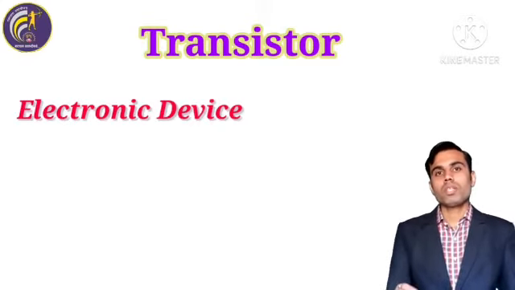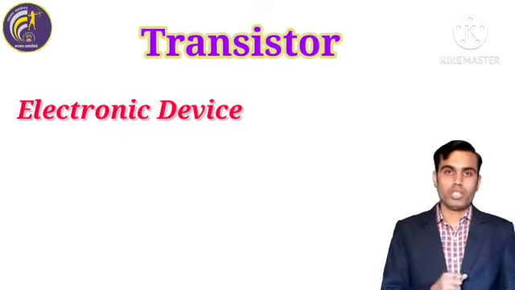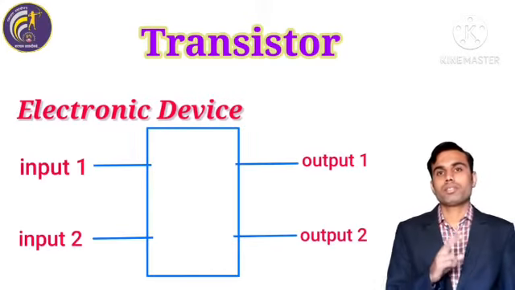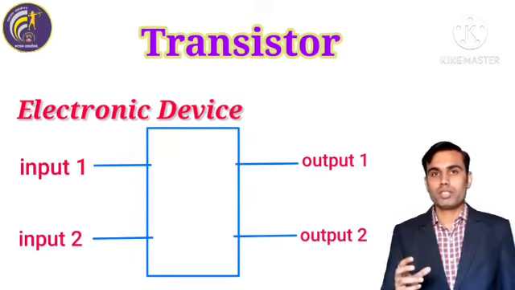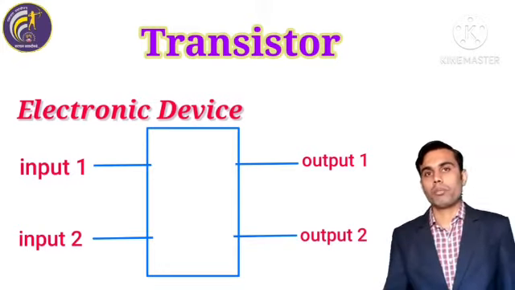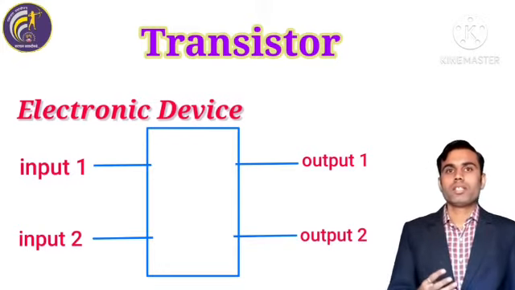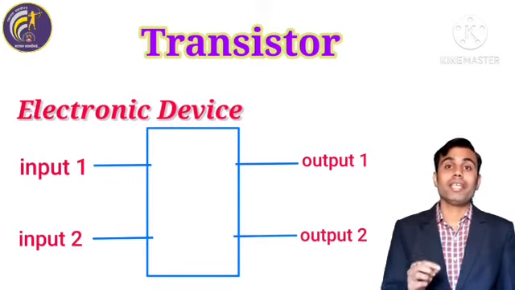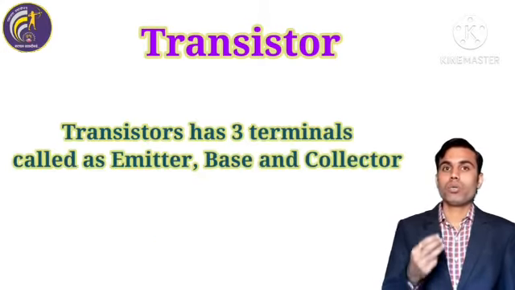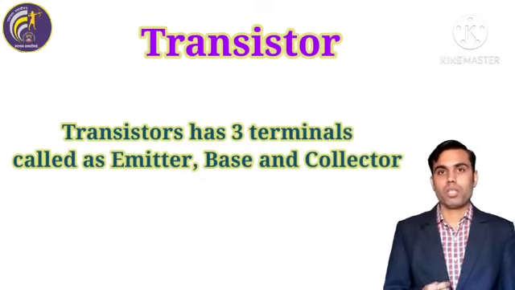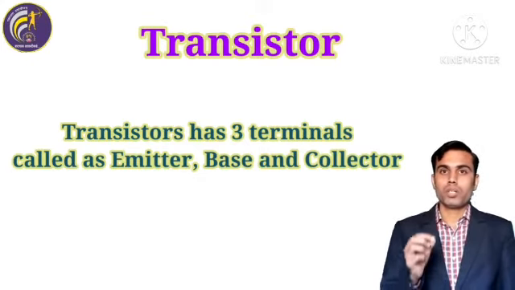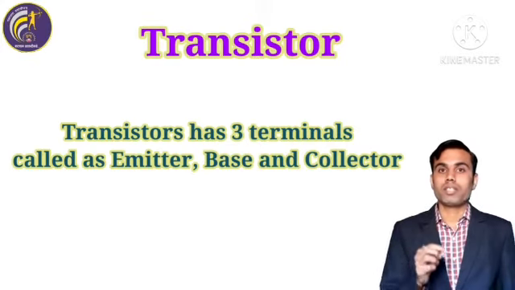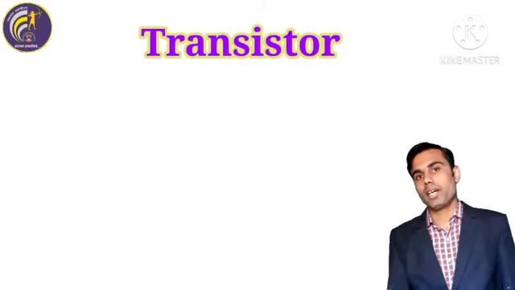Now, any electronic device requires two terminals at input and two terminals at output, so four terminals must be there. But in a transistor, only three terminals are available. So one extra terminal is adjusted by keeping any one terminal common to input and output.